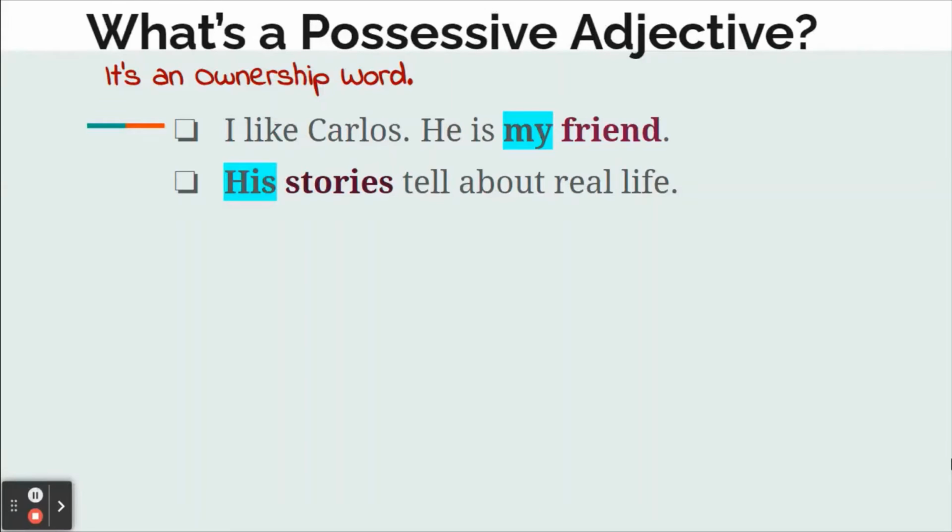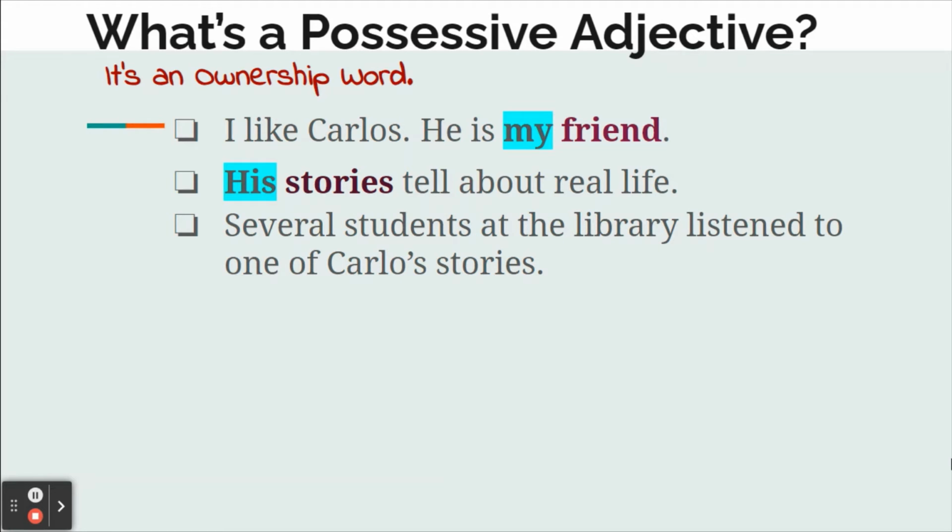So again, whose stories? Carlos. Not mine, not yours, Carlos' stories. Okay? So if I was going to replace that with a possessive noun, I would say Carlos' stories, right? So his stories, Carlos, belong to him.